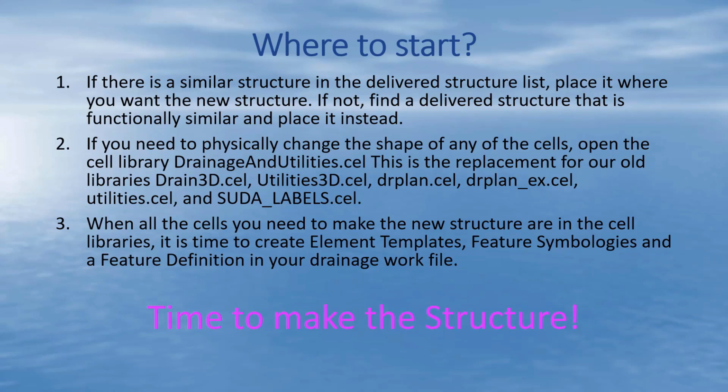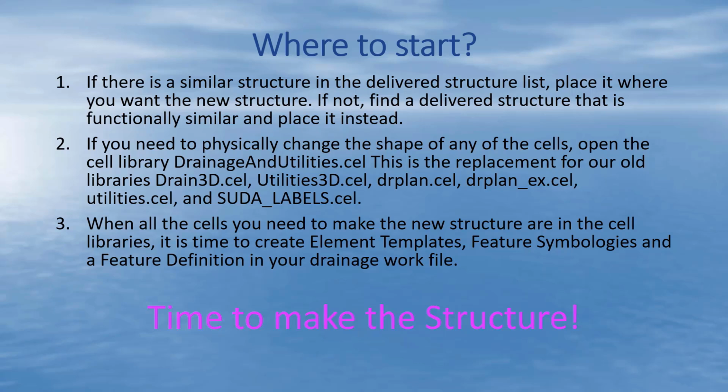And now, where to start? When you're going to be using a custom feature definition to define a custom ORD structure, there are a few steps that make things a lot easier if you follow them in order.